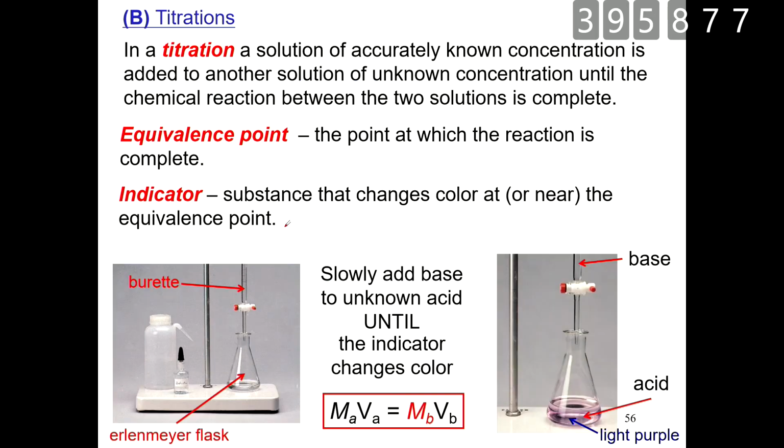What indicator do you use? Indicator means there are many different kinds of indicators. For example, if here is base and here is acid, in acid the indicator is colorless.